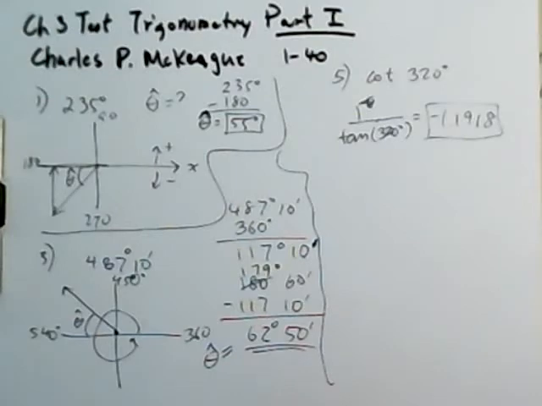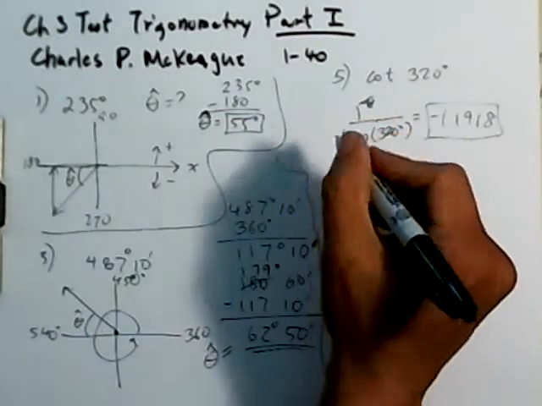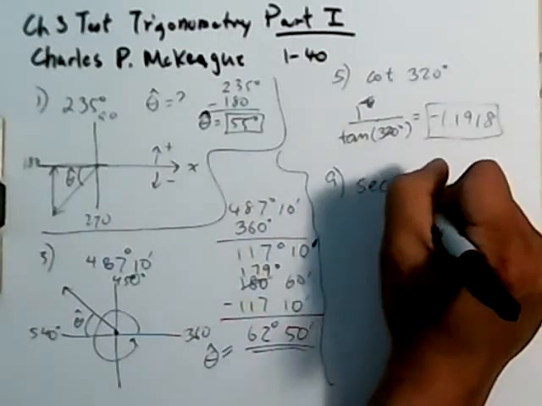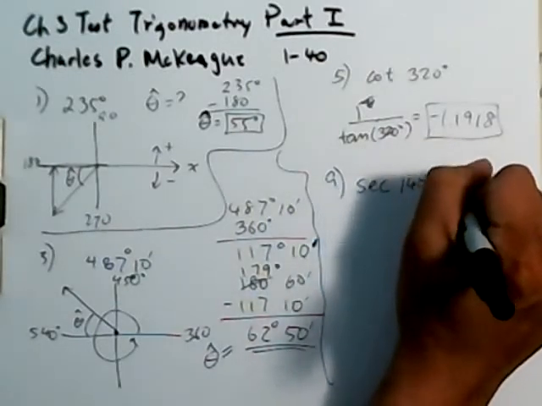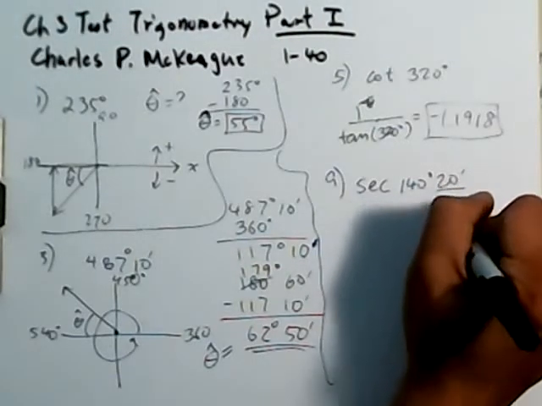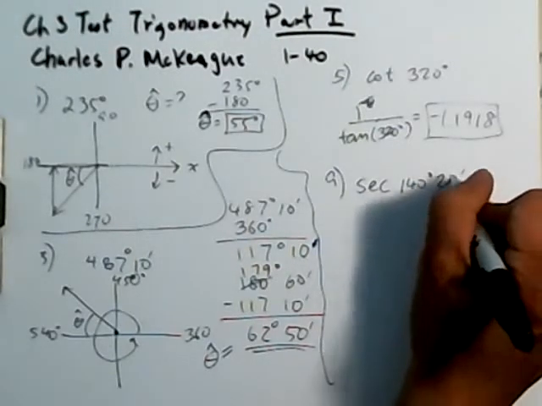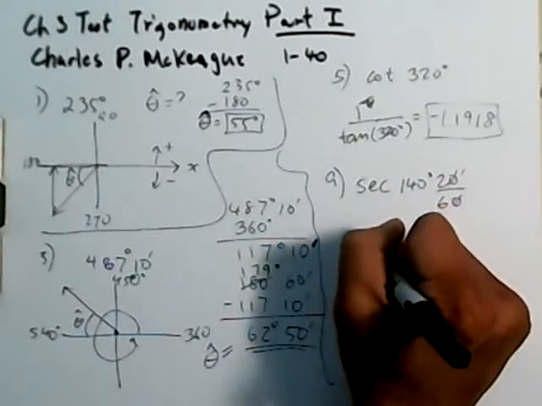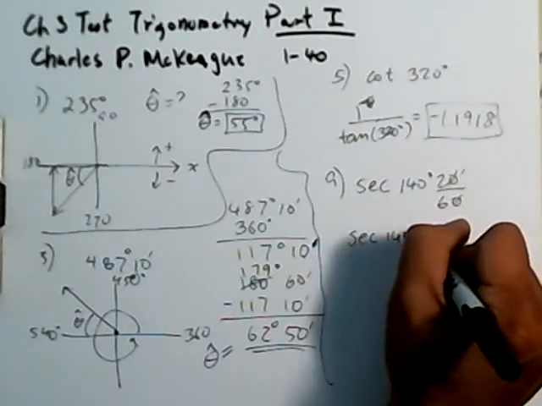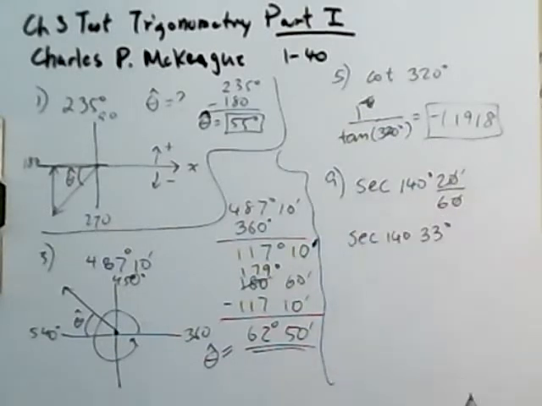You should be able to do, for the most part, all of it, except for maybe number 9, the secant of 140 degrees and 20 minutes. Of course, to change this from minute form into decimal form, we divide by 60. That becomes the secant of 140 and 1/3 degrees.